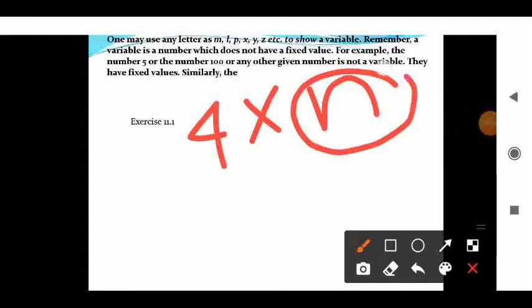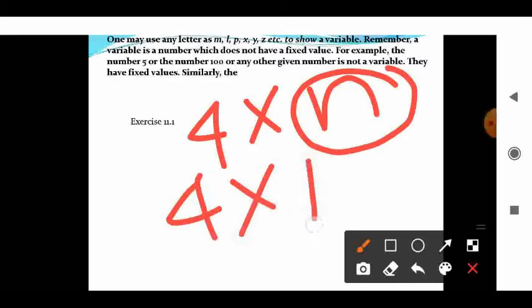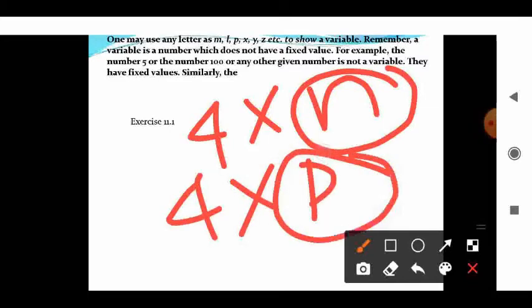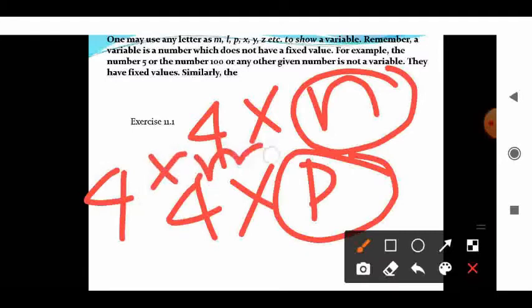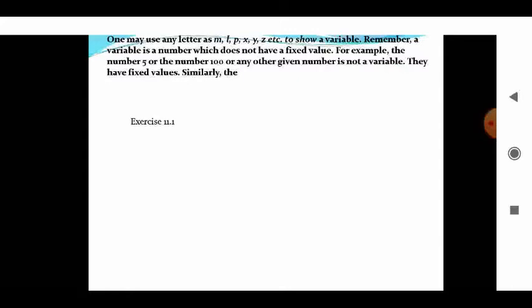Not only n, you can use 4 into p, but here p is called a variable. You can use 4 into m, so m is called a variable. m can take different values. m is not fixed. The alphabet you take as a variable is not fixed. It can take different values.